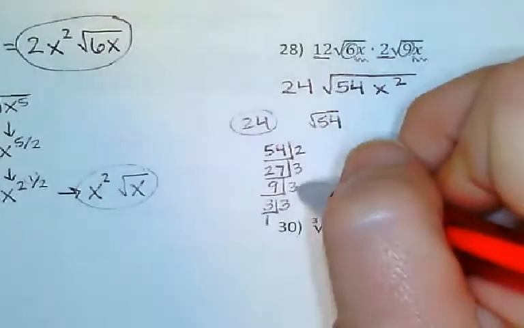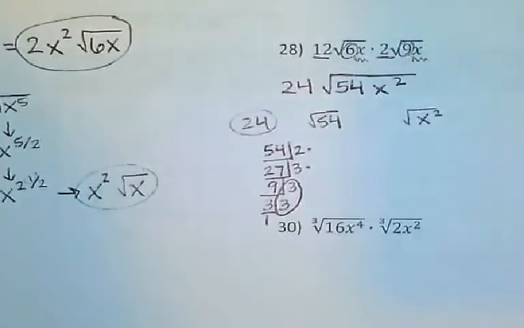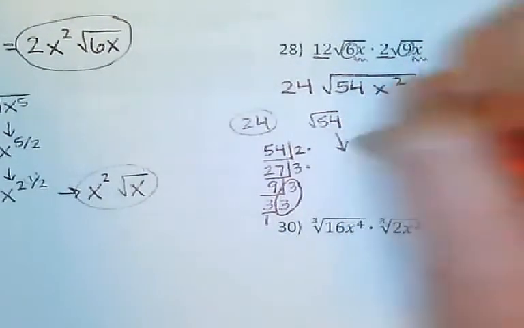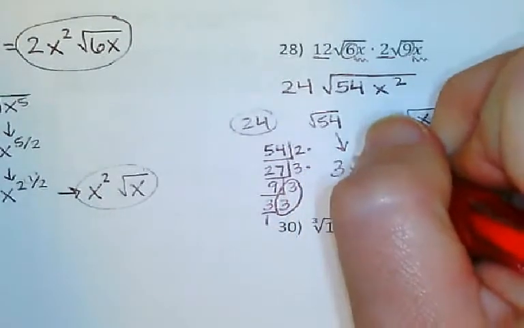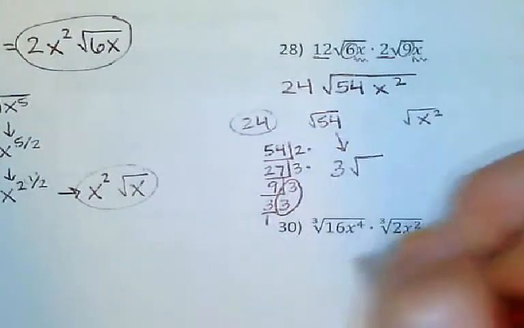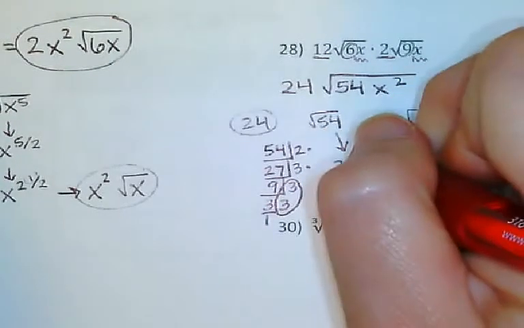Alright, so now I'm going to circle the pairs that I see, and then I've got these guys that are left over. So this square root of 54 really simplifies to 3, that perfect pair of 3. Just one pair, so that's why I only write it once. And then the singles get multiplied back together, so 2 times 3 is 6.